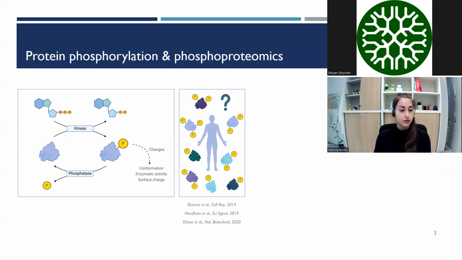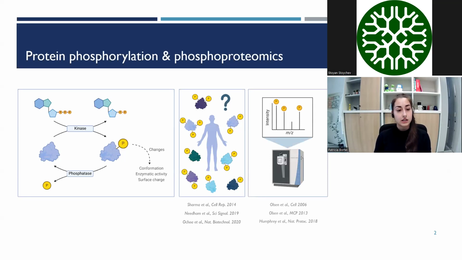However, there's still ongoing research trying to identify the functionality of most of these phosphorylation sites. And mass spectrometry has actually proved itself to be one of the best platforms for large-scale and unbiased identification and quantification of such phosphorylation sites.